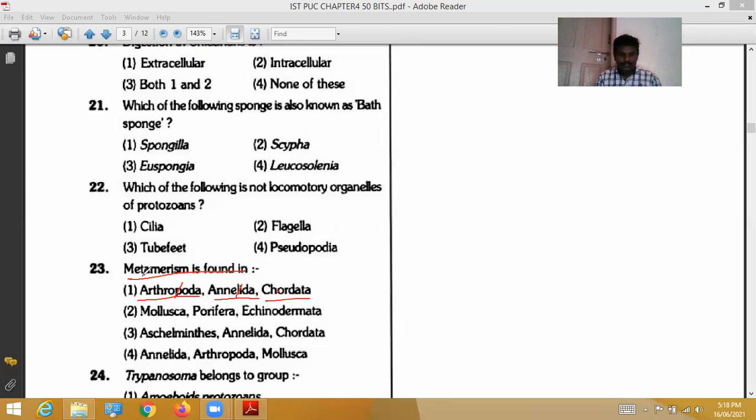It is commonly found in arthropoda, annelida, and chordata. In mollusca, Porifera, Echinodermata and Aschelminthes we cannot find it. So among the 4 options, metamerism is found in the first option. The first option is correct.